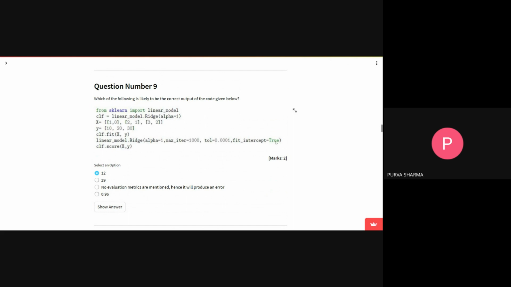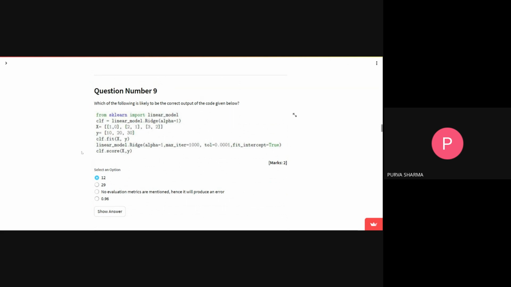These are all the parameters, and we have to predict the score. So what should be the value of score here? Five by 6. 0.96, I think.